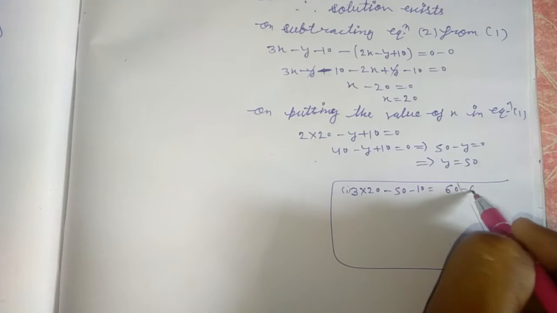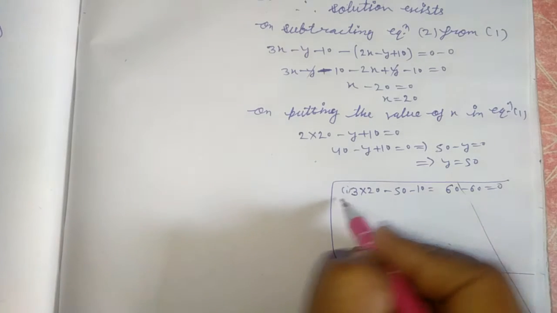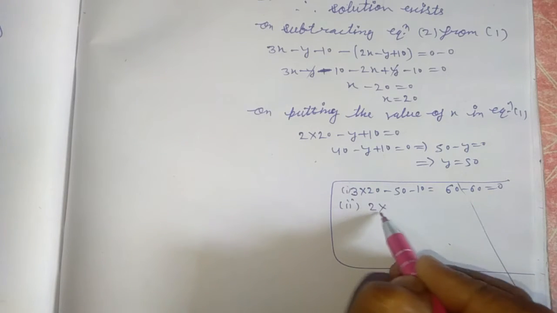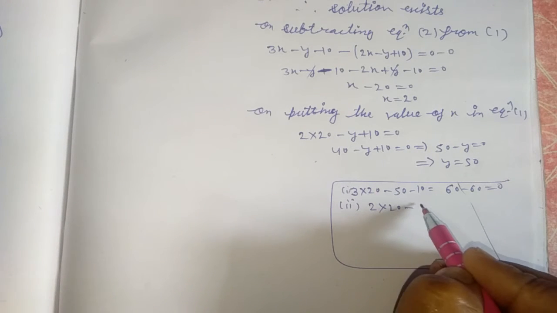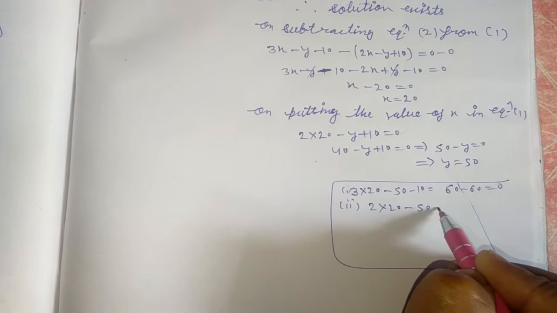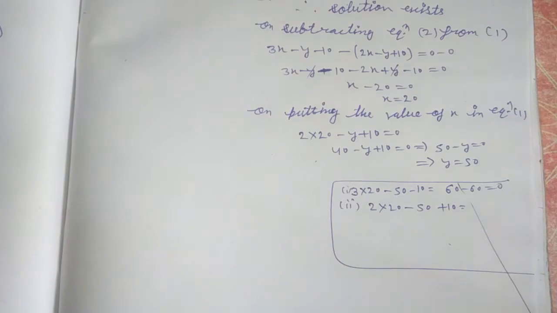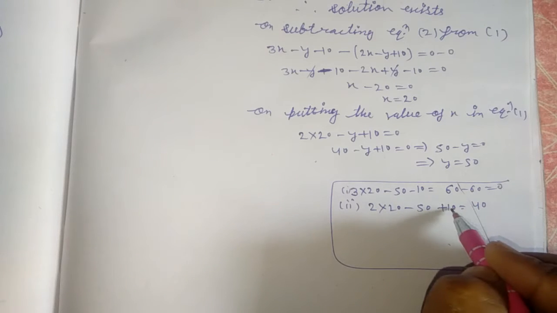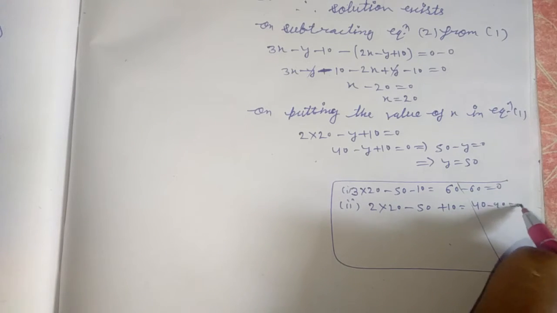So 60 minus 60 is equal to 0. So the first equation is satisfied. Now look at the second. Put 2 into 20 minus 50 plus 10, which is 40 minus 50 plus 10 equals 0. Also the second equation is correct. So our answer is correct.